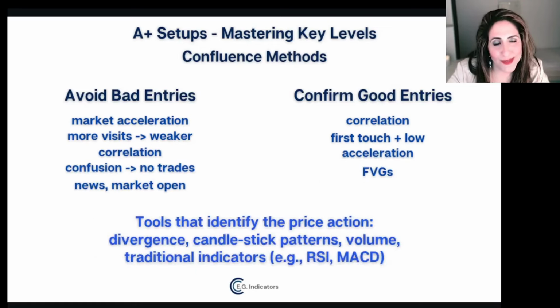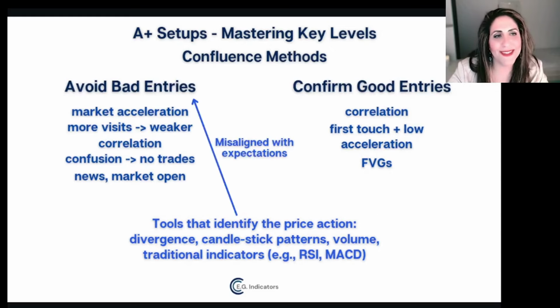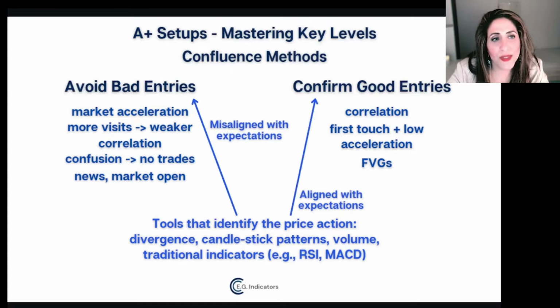And in general, tools that identify the price action, divergence, candlestick patterns, traditional indicators, RSI, MACD. In this case, we can avoid entries if such tools produce strong signals to the opposite, or confirm entries by aligning with what we expect.